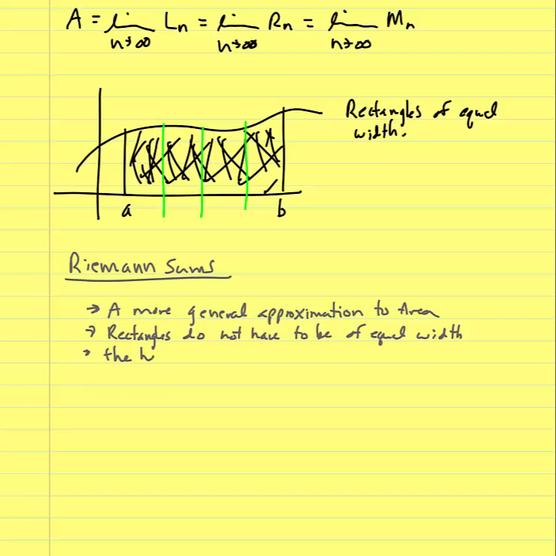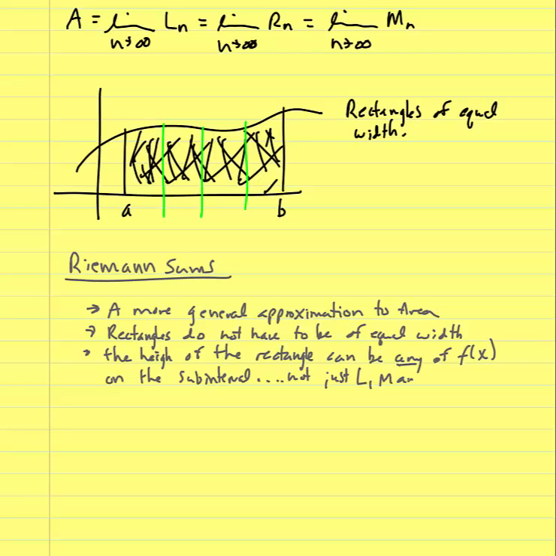So the height of the rectangle can be any value of f of x, meaning we don't have to use just left, right, and midpoint. For instance, if I thought a better estimate would be somewhere right in here, that's okay. I can just pick that value and find the height of the rectangle.